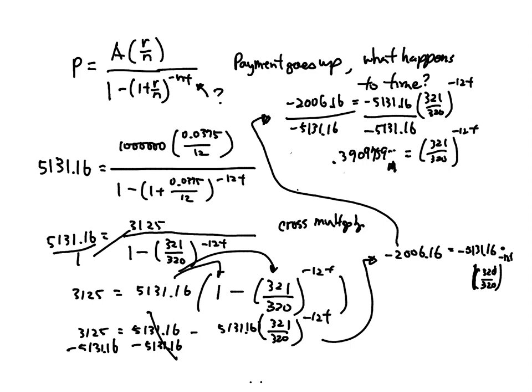Okay. Now again, this is an exponential equation, so we need to take a log of both sides. Natural log of 0.3909759 equal negative 12t natural log of 321 over 320. I took the liberty to just bring the exponent out and put it in front of the log.